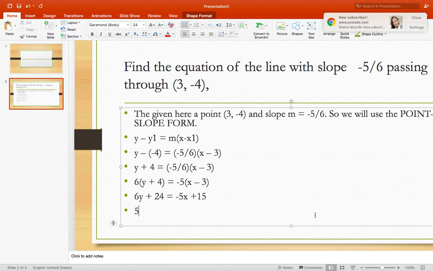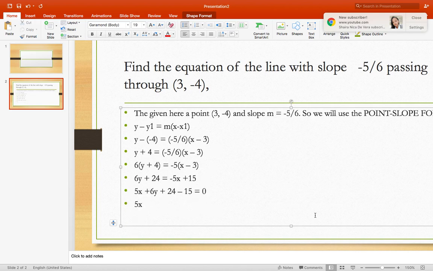So you will have 5x plus 6y plus 24 minus 15 is equal to 0. So therefore, the equation of the line is 5x plus 6y plus 9 is equal to 0.